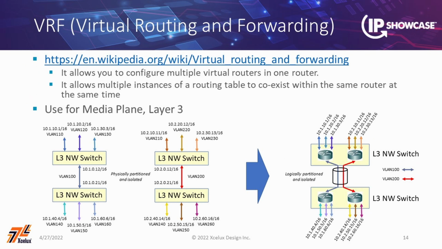And VRF, virtual routing and forwarding. This is similar to VLAN, but the layer is different. VLAN is on layer 2, but VRF is on layer 3. In this case, we use L3 network switches; in the previous VLAN case, we used L2 switches.